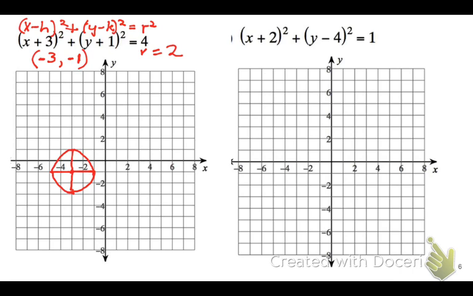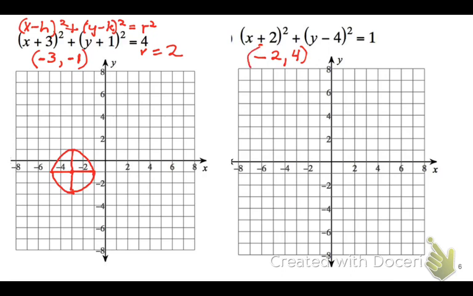Now, let's look at the next one. I have a plus in the middle, so that means my h is going to be negative, and it's -2. And in this case, the operation in the middle is a negative, and so my k is going to be 4. There's my center.